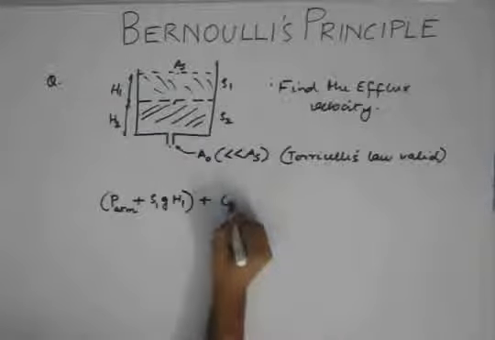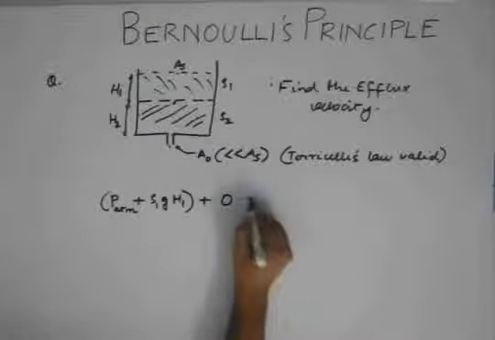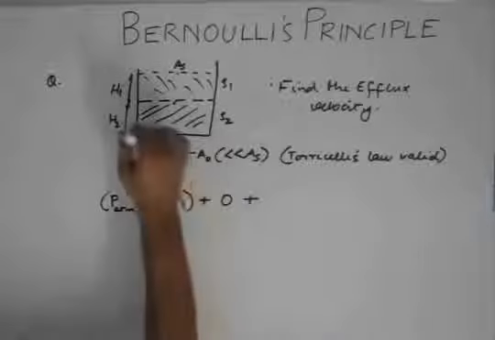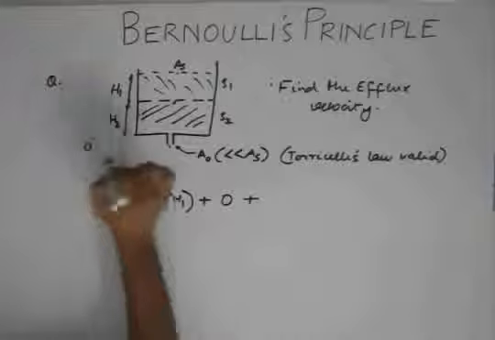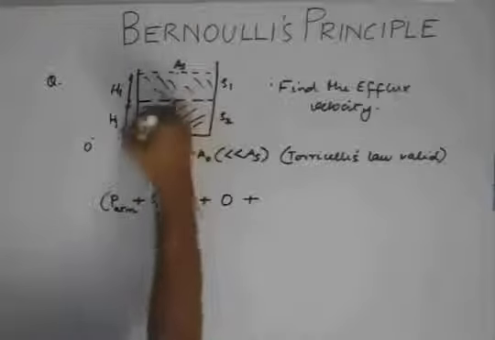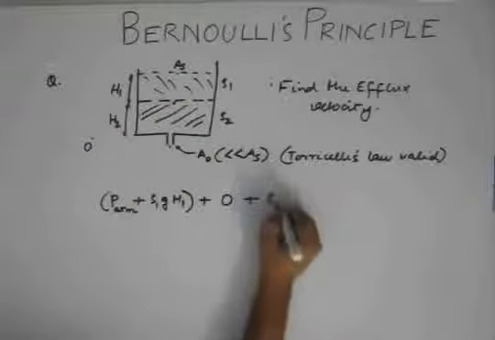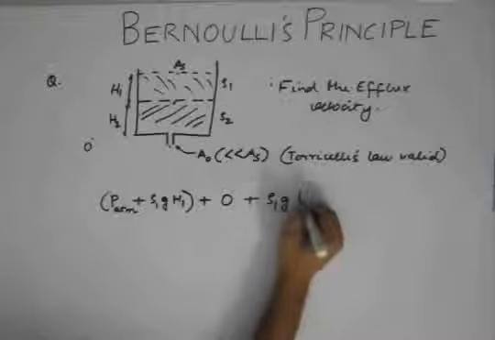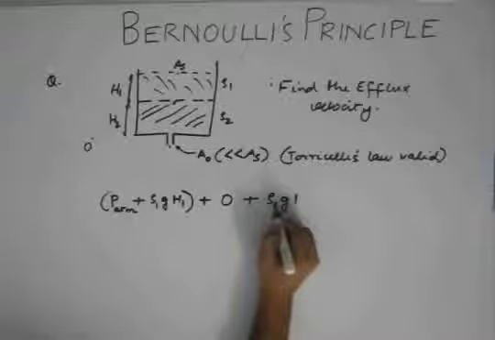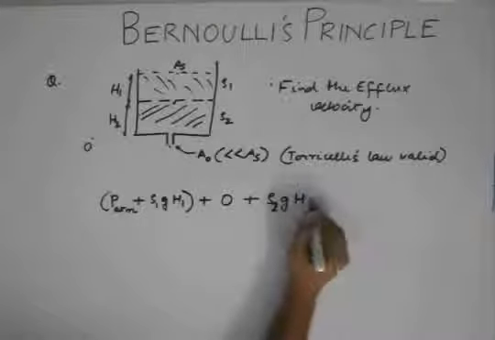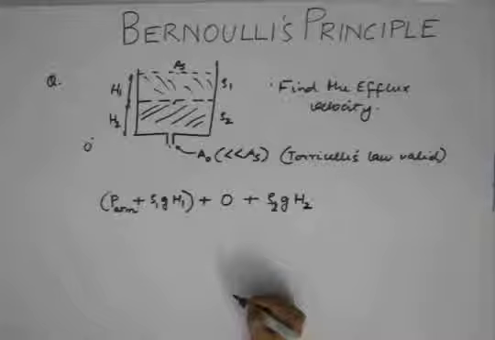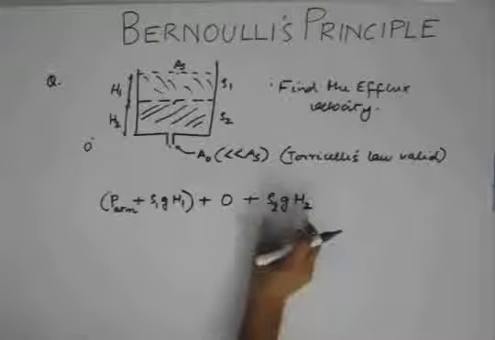So the kinetic energy part goes to 0. For the potential energy term, say our reference is somewhere along this line, let's say this is our origin, then the point here is at a height H2. So we will have a term of rho 2 g H2. This is because of the potential energy.